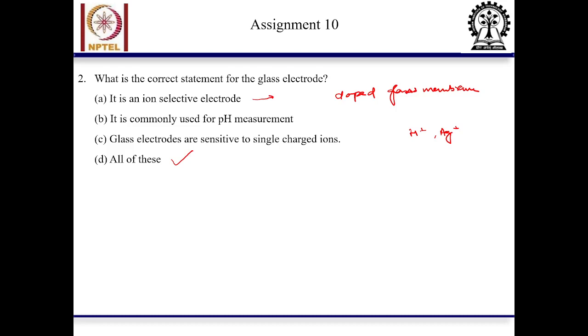These are sensitive to a single charge ion, and they are commonly used in pH measurement. That is also correct, and their voltage is related to a reference value and is sensitive to a change in the activity of a singly charged cation like proton, silver, ammonia. Okay, so I think Sunil Pawar is correct.